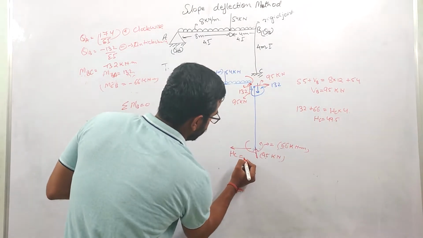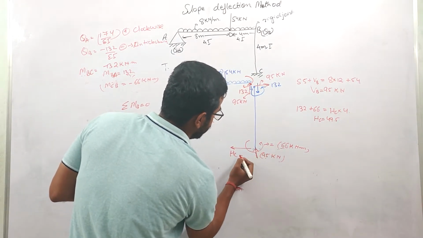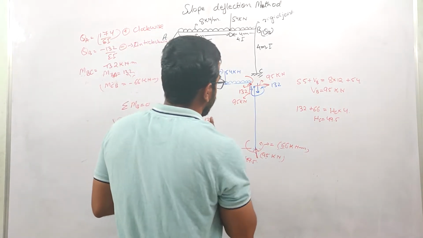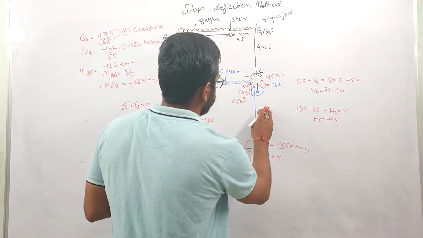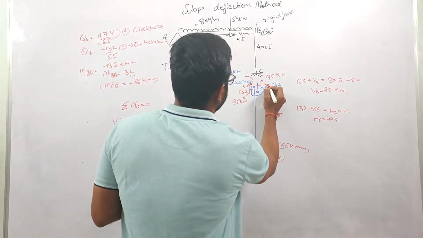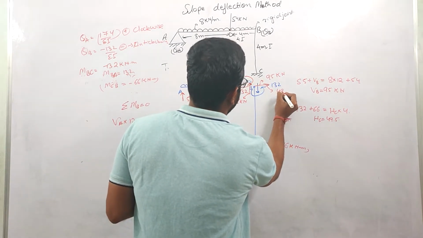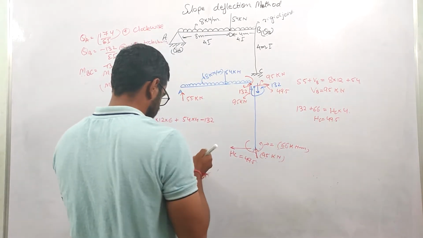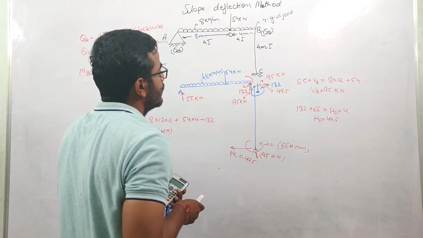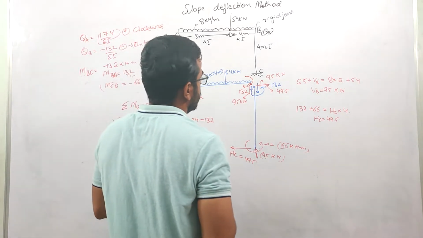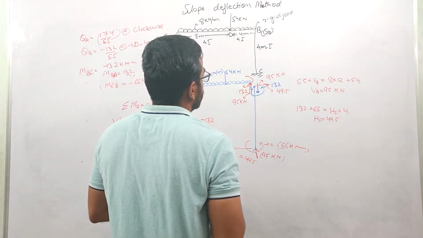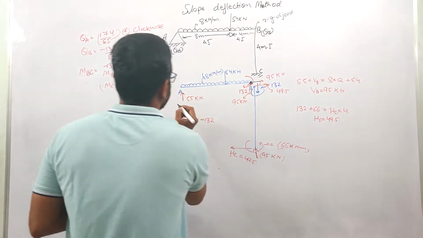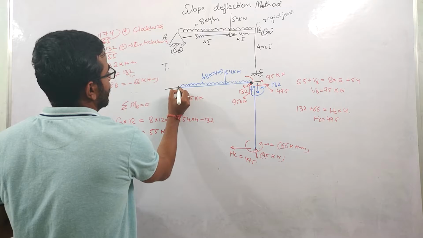The HC value is positive, so the direction is okay. So this value is 49.5, right? And this value is 49.5, okay? To balance this, there will be a horizontal force equal in magnitude but acting in this direction, and to balance this there will again be a horizontal force.